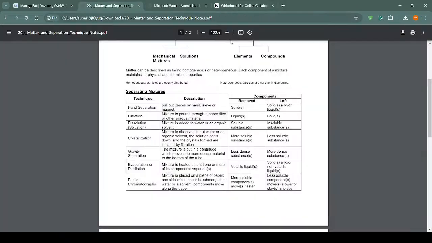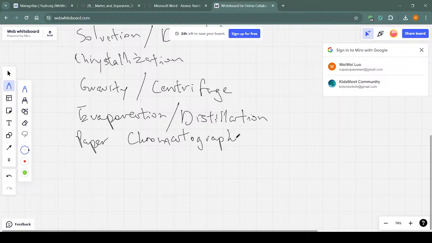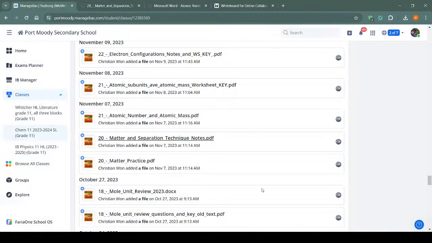Okay, that makes sense. Paper chromatography. Mixture is placed on a piece of paper. One side of the paper is submerged in water. So more soluble components move faster. Yeah. So paper chromatography. Okay.